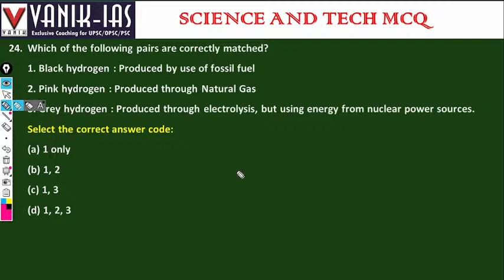Which of the following pairs are correctly matched? Black hydrogen produced by fossil fuel, pink hydrogen produced by natural gas, grey hydrogen produced through electrolysis using energy from nuclear power sources. Black hydrogen produced from fossil fuel. This is right. Brown hydrogen is especially from coal. Pink hydrogen from natural gas. This is wrong.